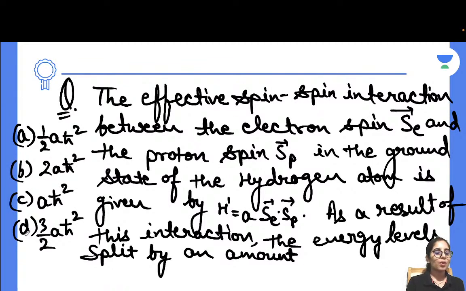Because if you take it as S1 minus S2 as net spin, it will be 0, and if you take it as S1 plus S2, that will be 1. So this is the hint. And then finally at the end you just have to get the difference between the energies, which is the difference between the H values, one which you write for S equal to 0 and the other for S equal to 1.